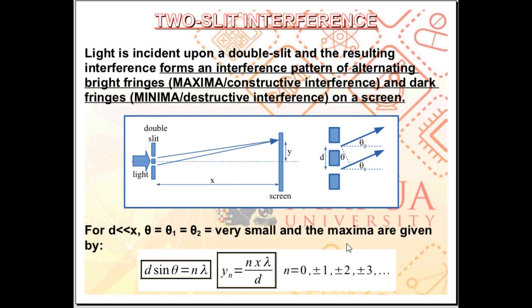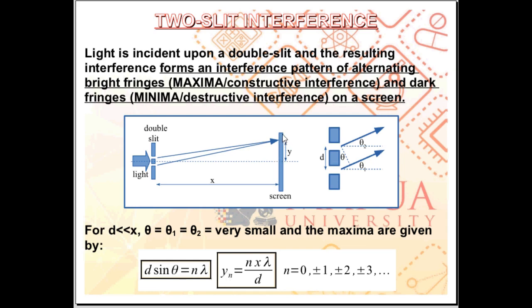The maxima or the bright fringes are given by the following equation. d sine theta is equal to n lambda. And then you have y sub n is equal to n x lambda over d. Y sub n, you have different y locations on the screen.